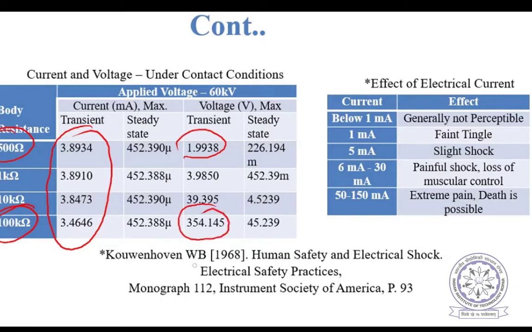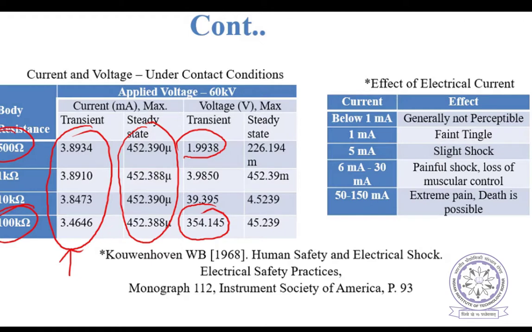It has increased, but the steady state current is very small, in microamperes, and the steady state current didn't change, and the transient current peak also didn't change. It is in milliamperes, around 3.4 milliamperes.